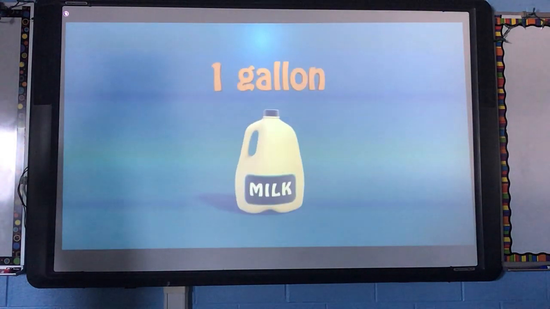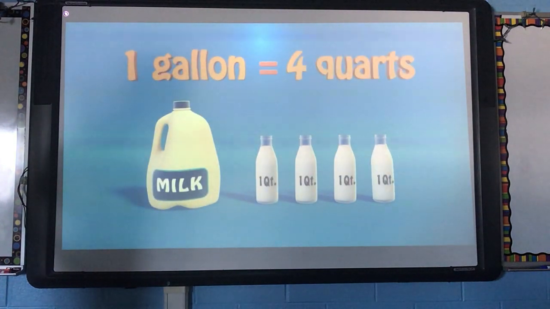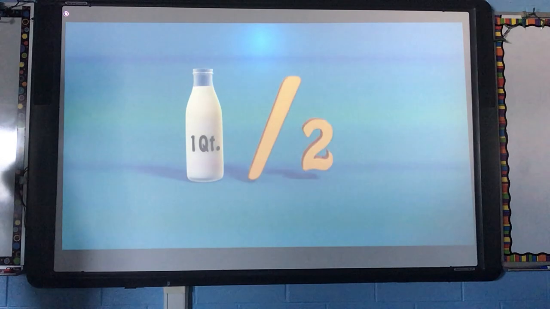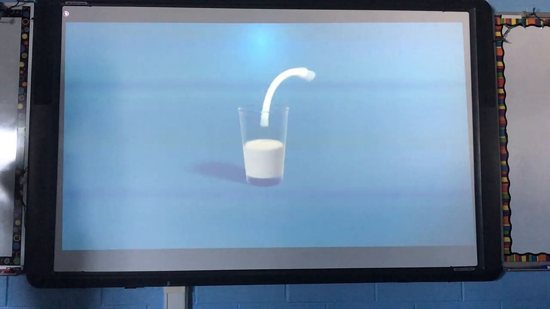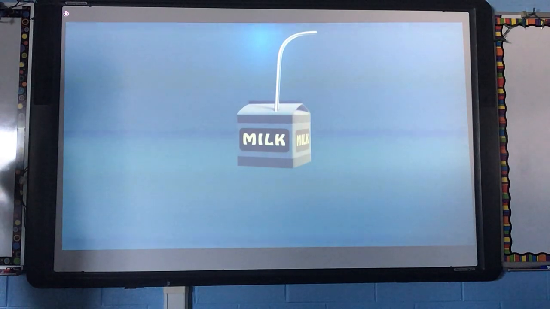A gallon of milk split in fours makes 4 quarts. Split a quart of milk in half, then a pint is what you'll have. But you can make 2 cups, you see often when you drink your school milk carton.